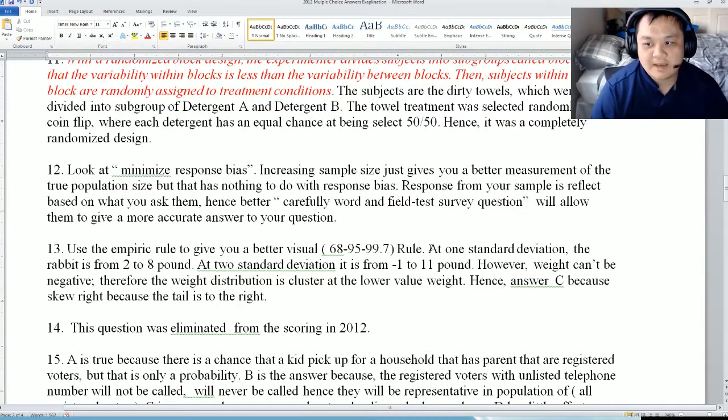At 1 standard deviation, the rabbit can weigh from 2 pounds to 8 pounds. Is that correct? At 2 standard deviations, it is from -1 to 11 pounds. Correct? But that's wrong because weight cannot be negative. Therefore, the weight distribution is clustered at the lower value. Hence, the answer is C, because it's skewed to the right.